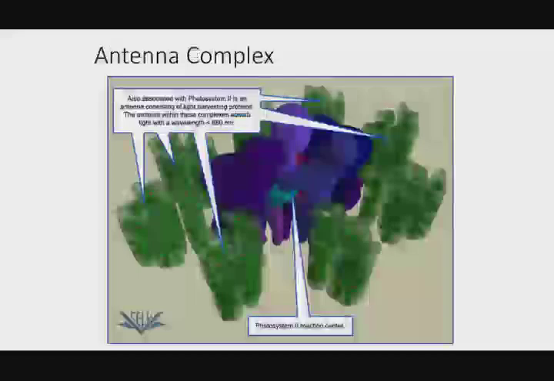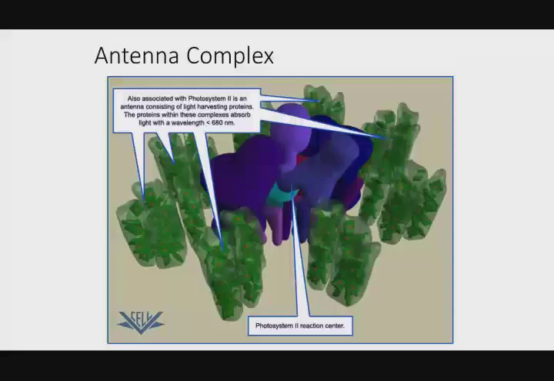But ultimately I wanted you to get a feel for what this looks like in the membrane, where you have all these pigment molecules now surrounding this protein complex, and they're ultimately shuttling the energy of the photons that they're interacting with into that complex, and that's going to allow them to oxidize water. So we'll talk about the details of this complex and how the photosystems work in the light reactions recording.